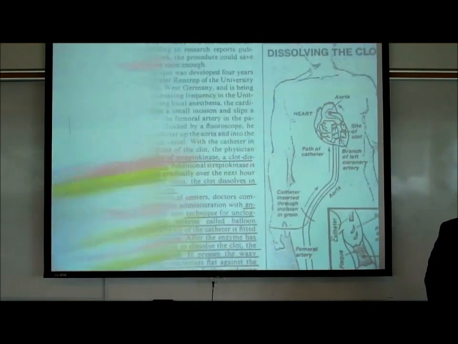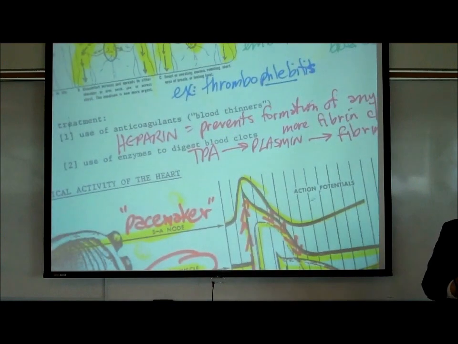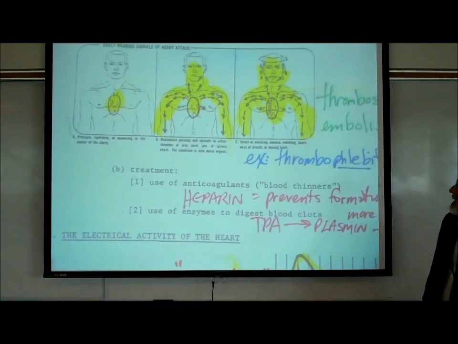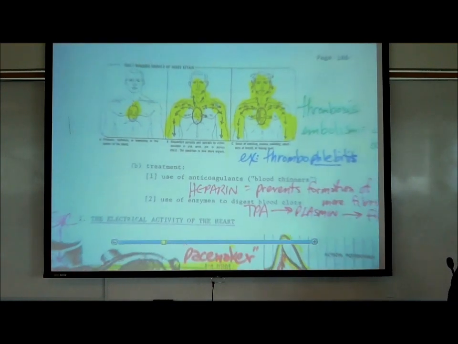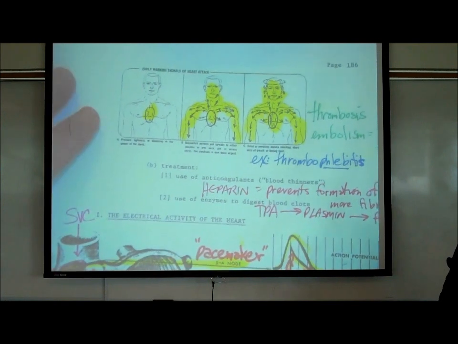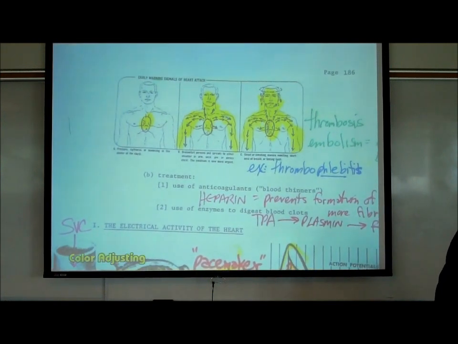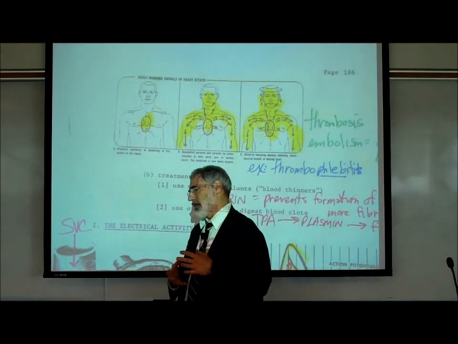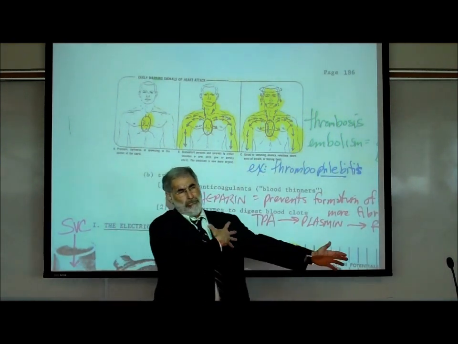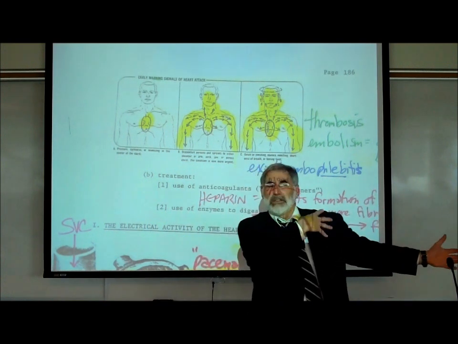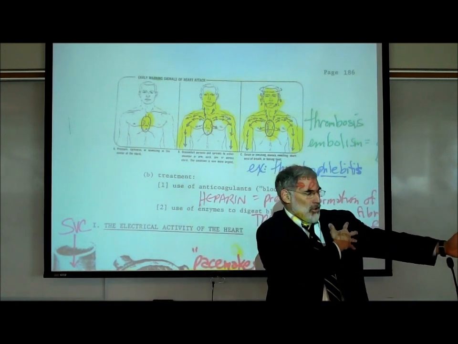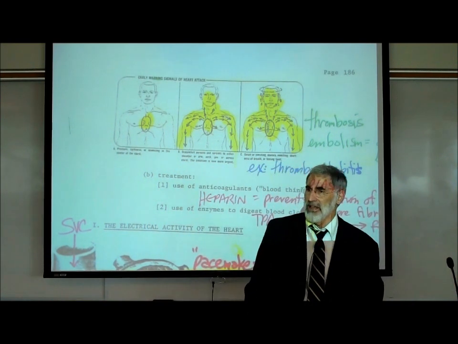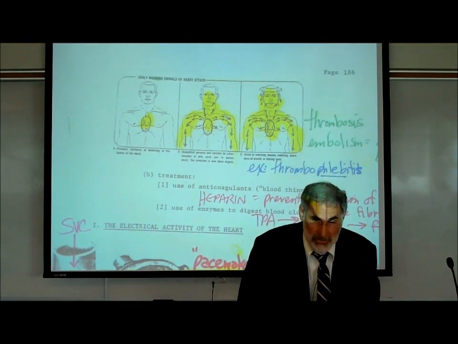On the next page, on 186, what about the pain associated with a myocardial infarction or a heart attack? We had told you that if the heart muscle isn't getting enough oxygen, which is called myocardial ischemia, it creates a referred pain felt in the left side of the chest, left shoulder, radiating down the medial side of the left arm, known as angina pectoris.